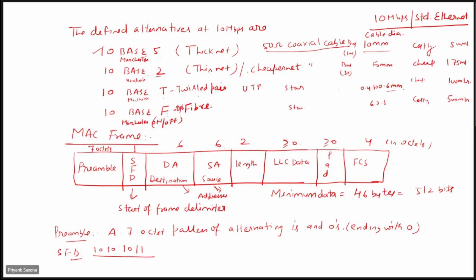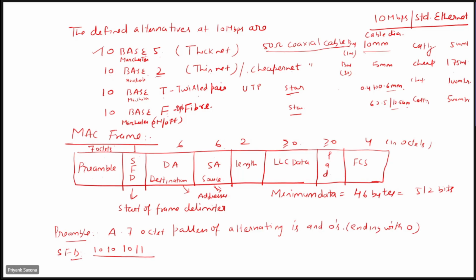So the MAC frame for this standard Ethernet is this. There is a preamble, a 7-octet pattern of alternating ones and zeros ending with 0. This is just for synchronization between the transmitter and the receiver.